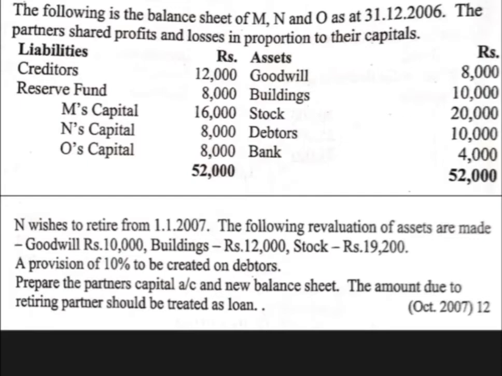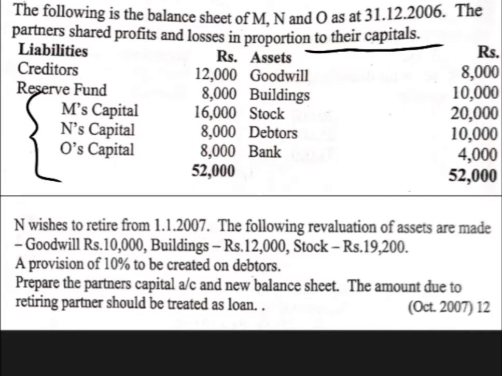Coming to the first working note, that is with regard to calculation of gain ratio, because here they have given the adjustment with regard to goodwill. Now, which case is applicable with regard to calculation of gain ratio? Here it is stated that the partners shared the profits and losses in proportion to their capitals. The capitals of three partners M, N, O is given as 16,000, 8,000 and 8,000.